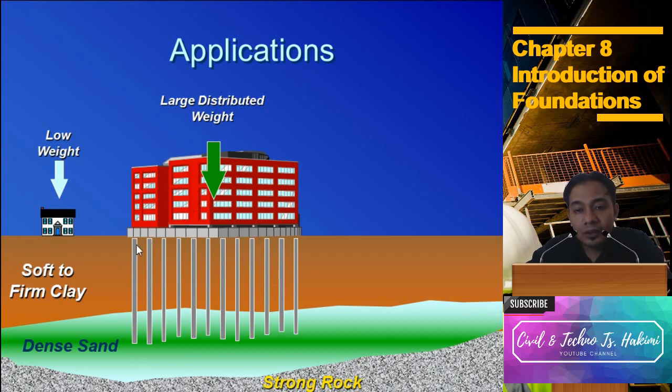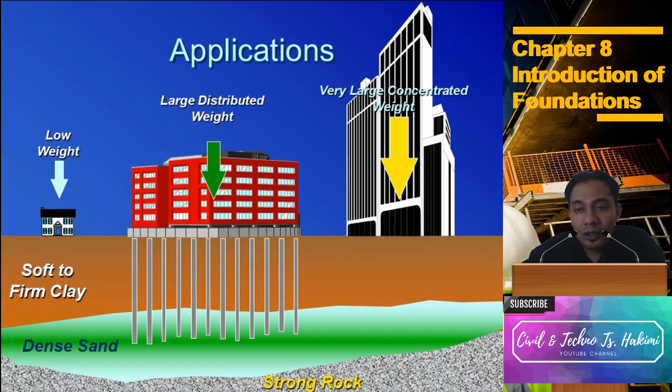So this is the soil layer. At the top is soft to firm clay, the second layer is dense sand, and the third layer is strong rock. For a large distributed weight, the foundation rests at the dense sand layer. So this system is what we call the friction pile, because the foundation does not rest on the strong rock.